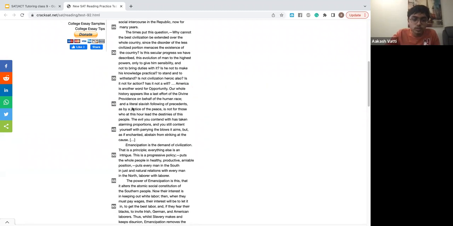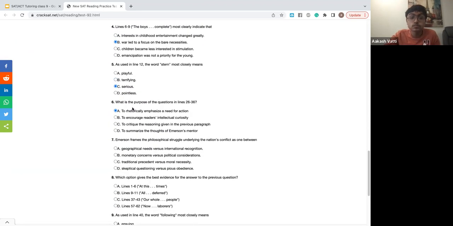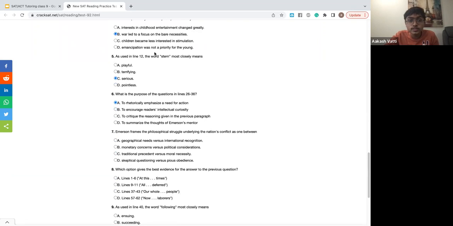It's either B or C. Monetary concerns versus political considerations, and traditional precedent versus moral necessities. Now that I think about it, nowhere does it say that there's a monetary concern in there. It just says that poor white farmers can also benefit from emancipation. So nowhere does it say that the South or the North is doing this because of monetary concern. Therefore, B wouldn't be the answer either. And C is our only remaining answer then.